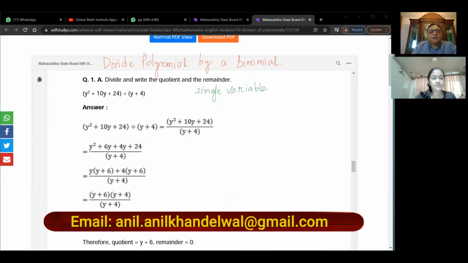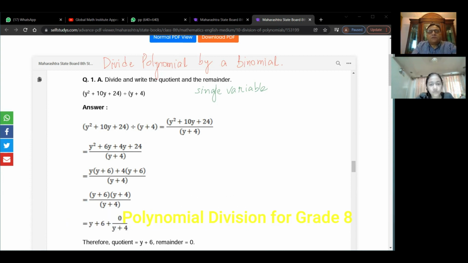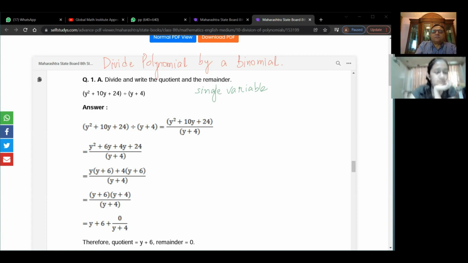The method shown here is that y plus 4 was in the denominator, and therefore the book somehow separated the numerator to get y plus 4 as a factor. This process is kind of very difficult, right? Do you find it easy? It's not so easy, correct? I will show you an easy method.